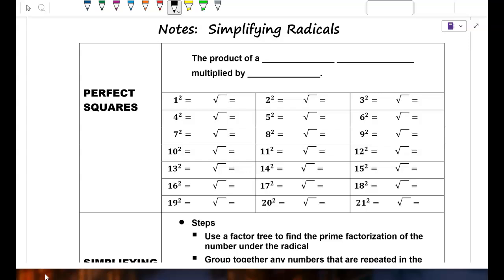So a perfect square by definition is the product of a rational number multiplied by itself.